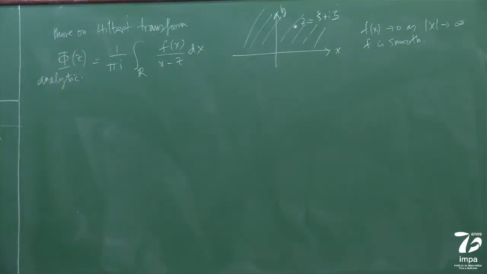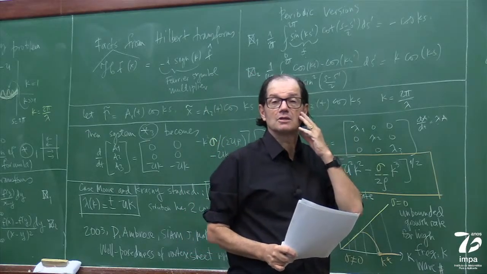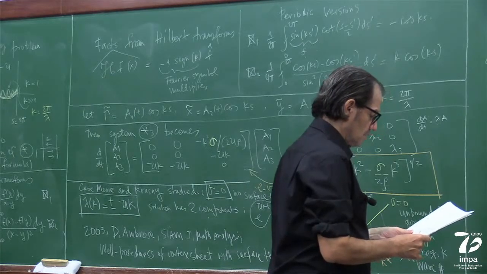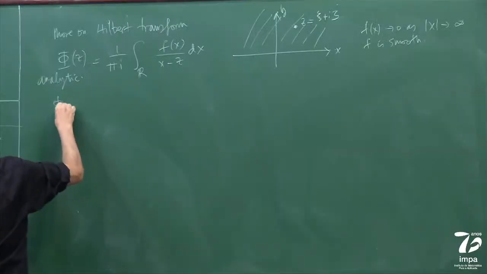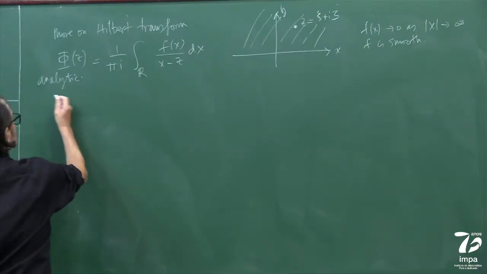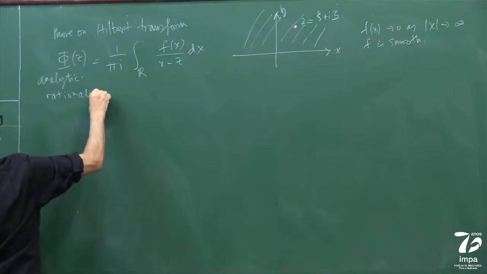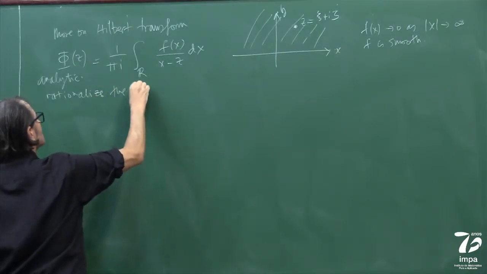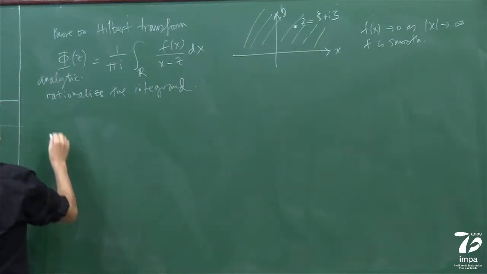Okay? And now let's see that we're going to get the Hilbert transform, right? And let's see what the Hilbert transform does with real and imaginary parts in the upper half plane. So the first step is to rationalize the integrand.